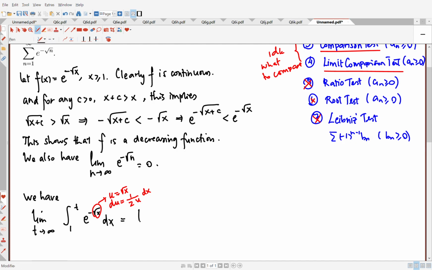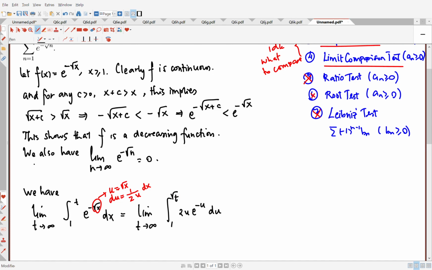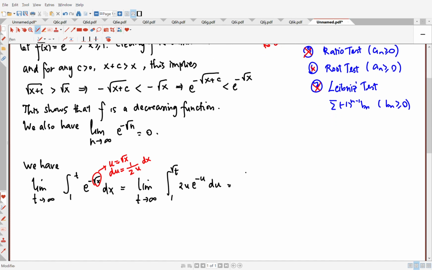So we have limit t tends to infinity of the integral of 2u e to the power of minus u du from 1 to square root t. And for this, I can take out the 2. So I have 2 times limit t tends to infinity, the integral from 1 to square root t of u e to the power of minus u du.